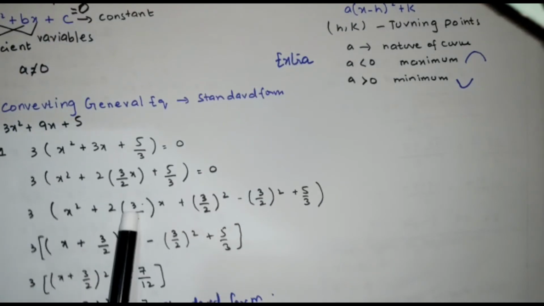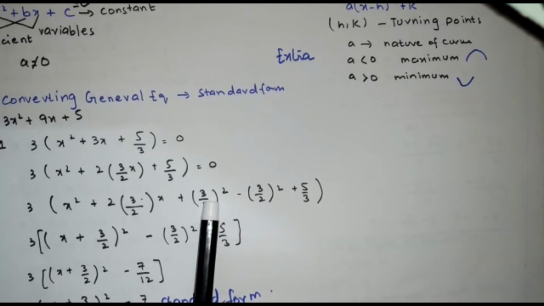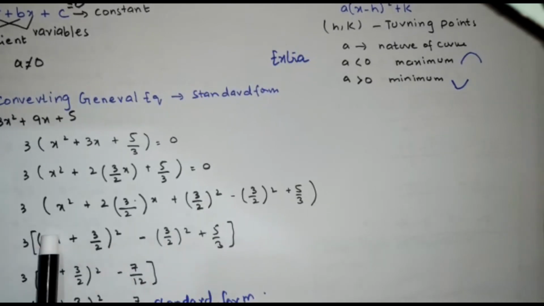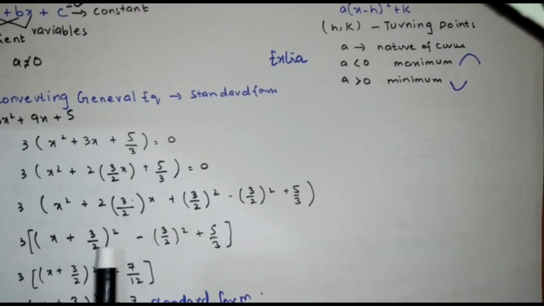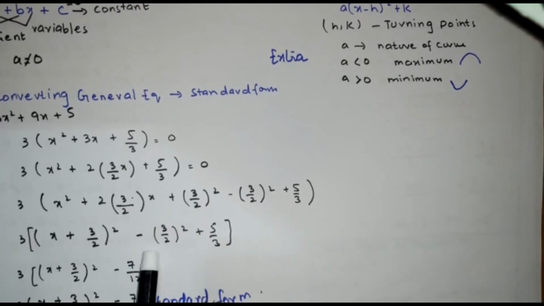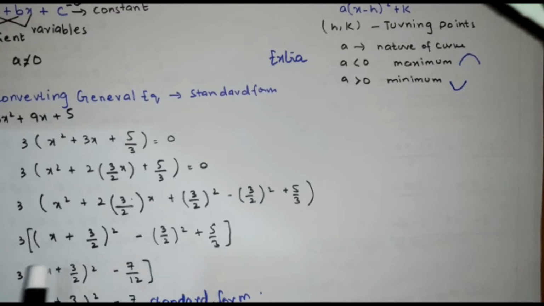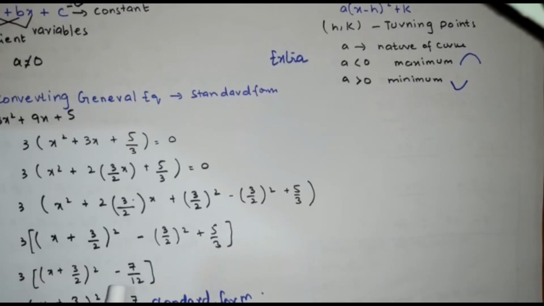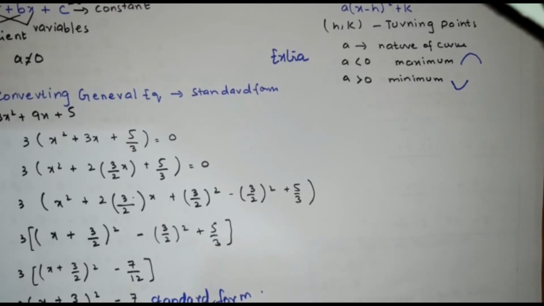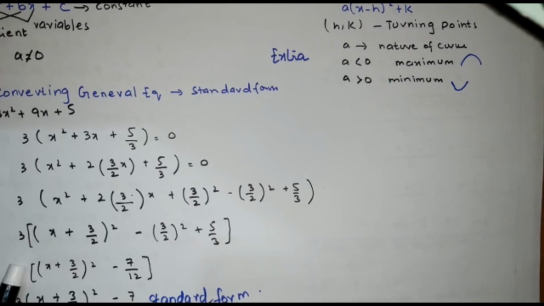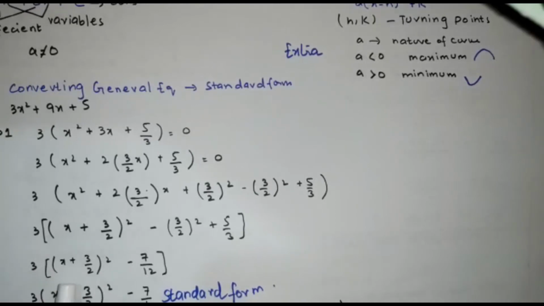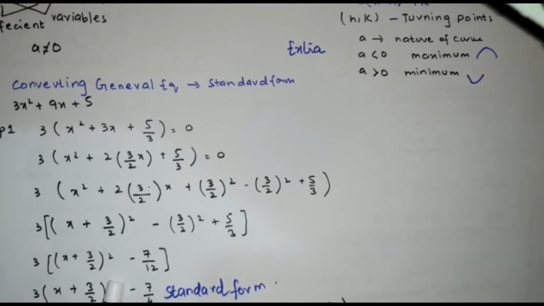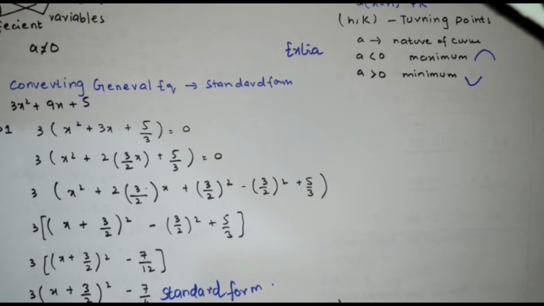Now by taking the first 3 terms of the equation, you are going to form a square bracket, that is to include x, and the last term, that is (3/2)², and these two constants are going to add up as they are. Now we will solve these two terms to give -7/12. We must ensure that the 3 that is taken outside the square bracket multiplies with our whole bracket to form a standard form.